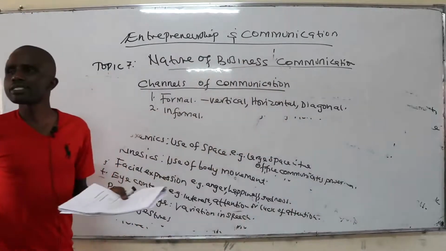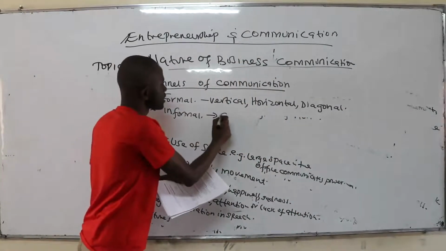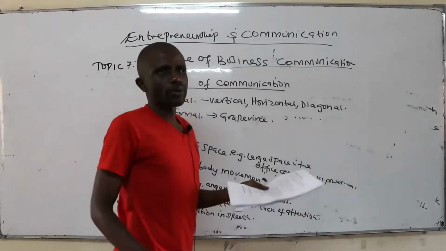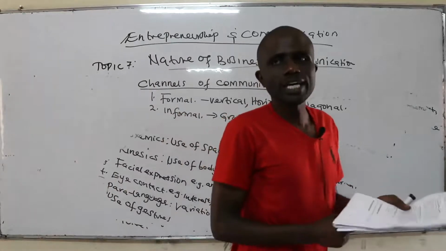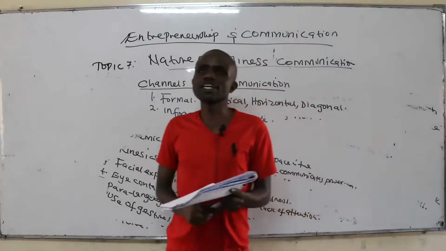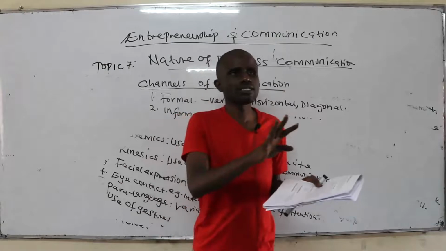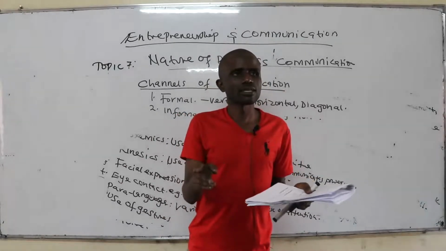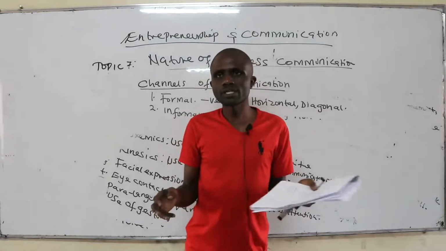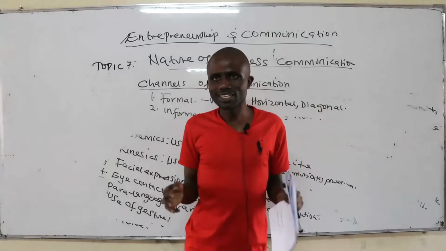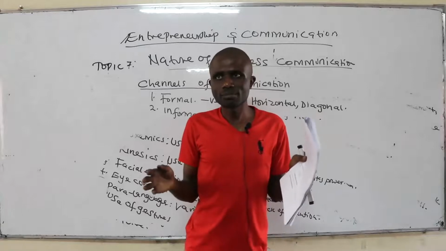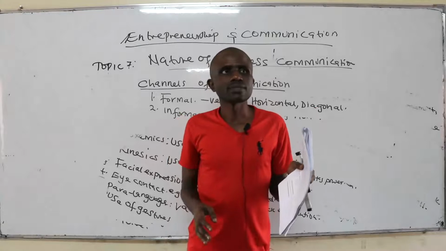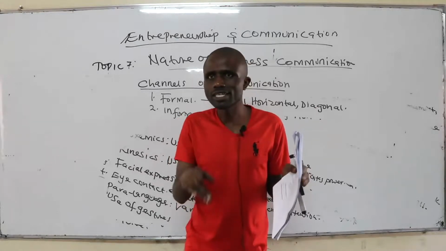Informal channels, we can use the word grapevine, you know, in which language? The grapevine communication is in our informal language, in our Sheng. You've ever heard of Moshene? Is it in organizations? Moshene means talking informally, that in the organization you are talking about so and so.